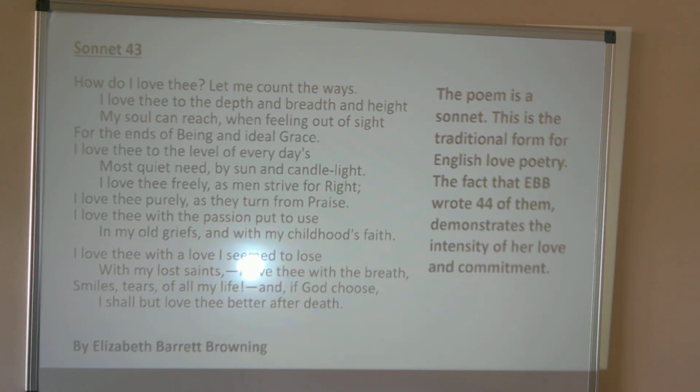The fact that Elizabeth Barrett Browning wrote 44 of them, Sonnet 43 being the most well known, demonstrates the intensity of her love and how big her commitment to this is. I mean, it's quite an effort to write 44 poems, all beautifully written sonnets. So the first structural point we can make is really about the form of the poem. It is a sonnet, which is a very traditional form of love poetry.